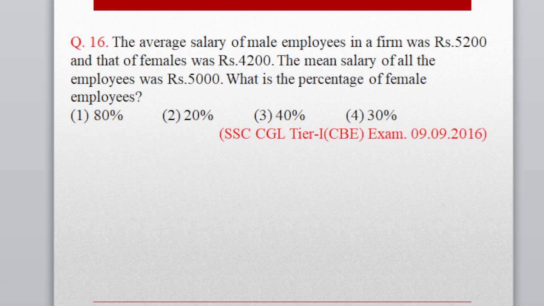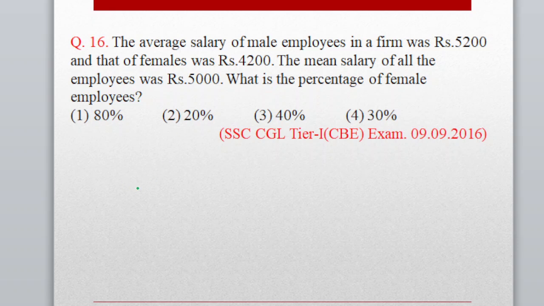That is question number 16. The average salary of male employees in a firm was rupees 5,200 and that of females was rupees 4,200. The mean salary of all the employees was rupees 5,000.